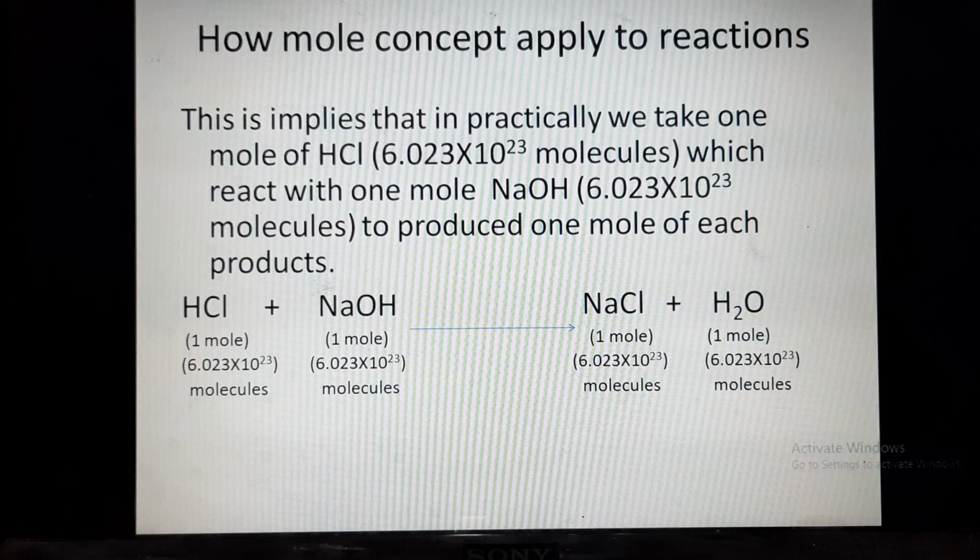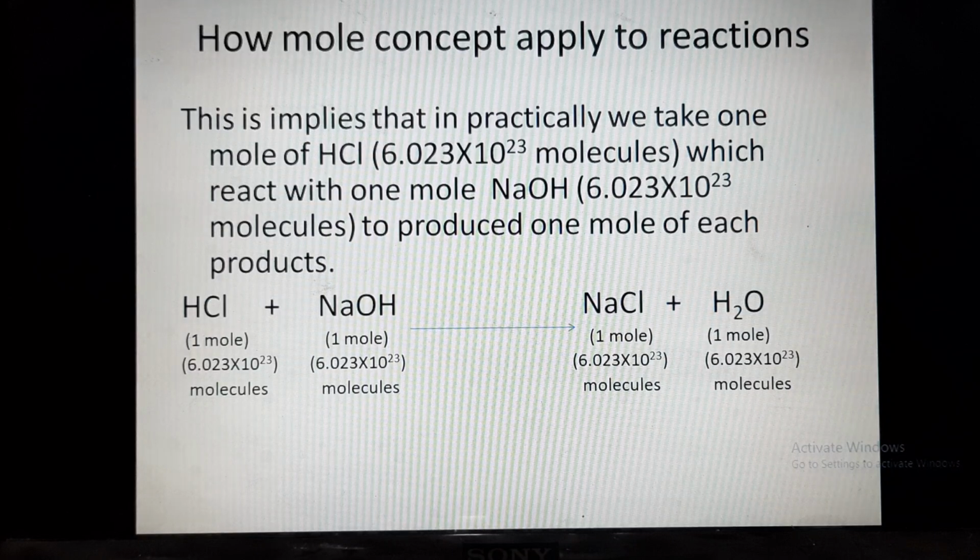6.023 into 10 raised to 23 molecules of HCl, and when we take the other reactant, 1 mole of NaOH, we take 6.023 into 10 raised to 23 molecules of NaOH.